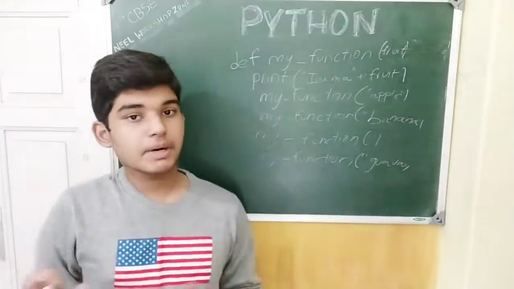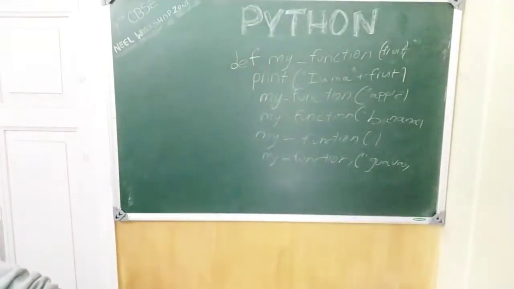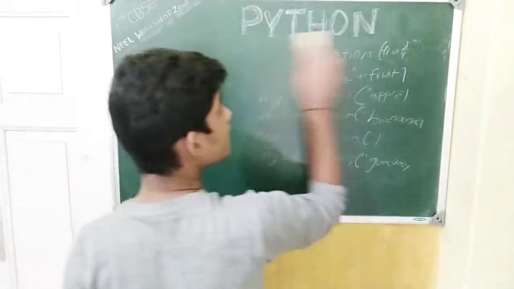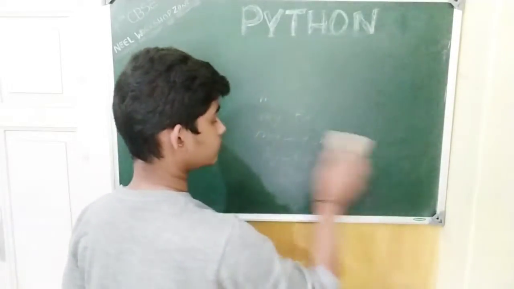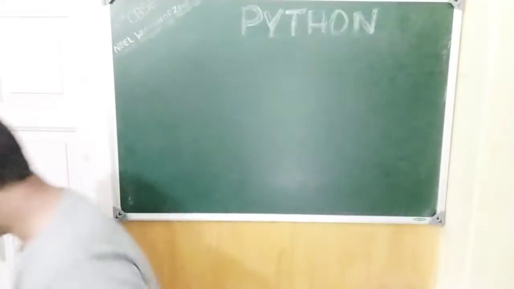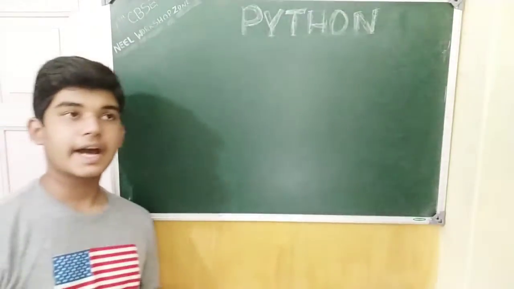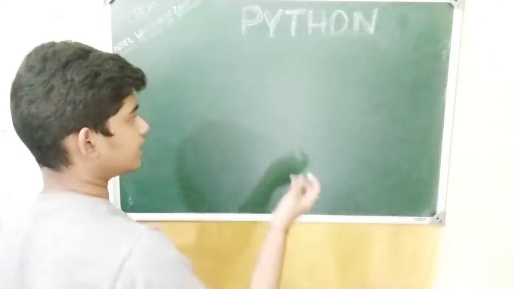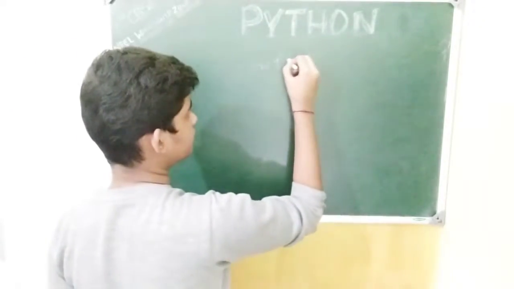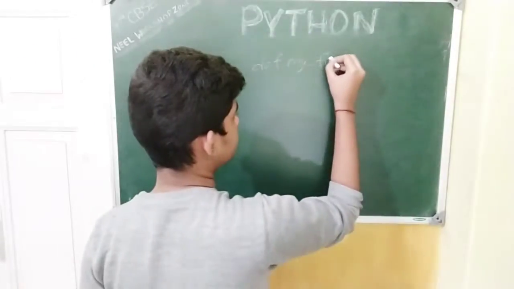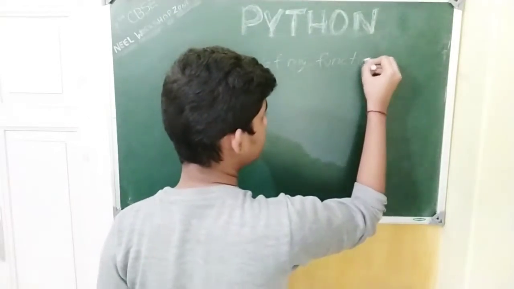So now let's talk about the pass statement. Let's say that you're writing code and you have to write a function. So let's write a simple function again, like def my_function. But imagine you still don't know what to write in the function.